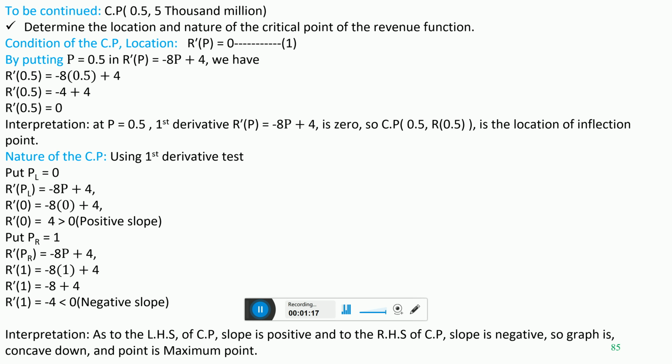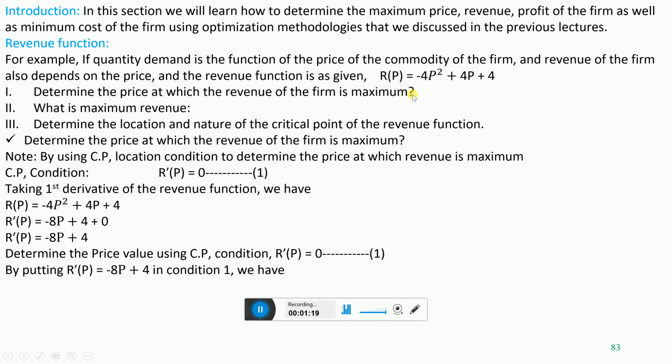In this example, in the revenue function we use P as x and R as y. R represents the revenue of the company and P represents the price of the commodity. So along the graph of this revenue function, every point will also carry two values, P and R.